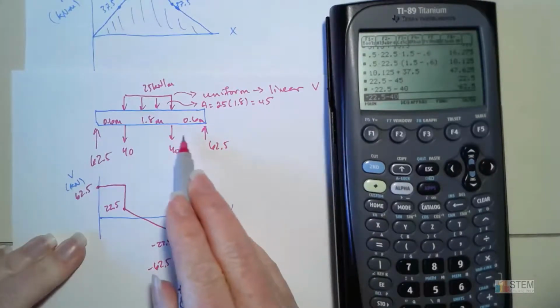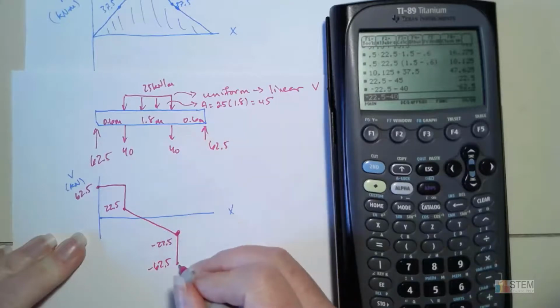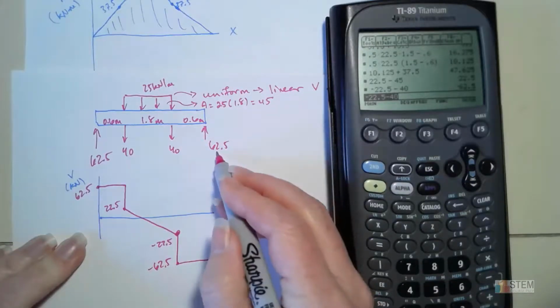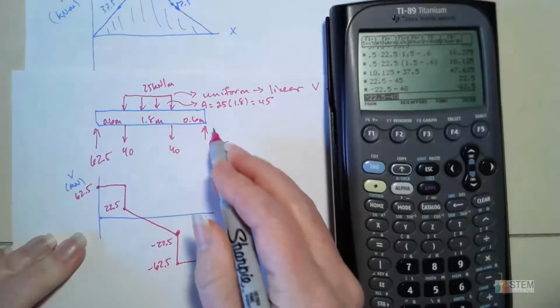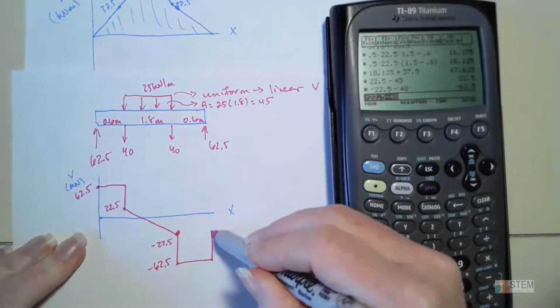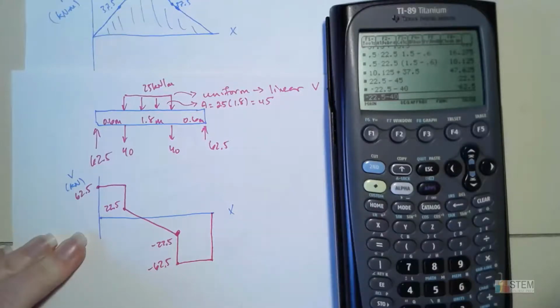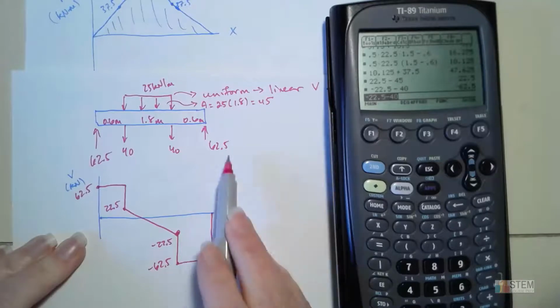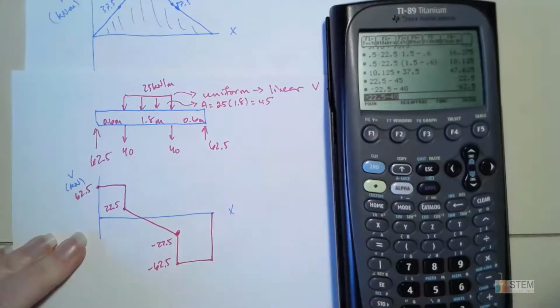Nothing's going on in between these two forces, so we draw a straight line over, and then at the very end we have an upward force of 62.5. So we go back up to the x-axis, because negative 62.5 plus positive 62.5 takes us to 0. And then you get that shear diagram. Not too bad, right? Easier than the other method.